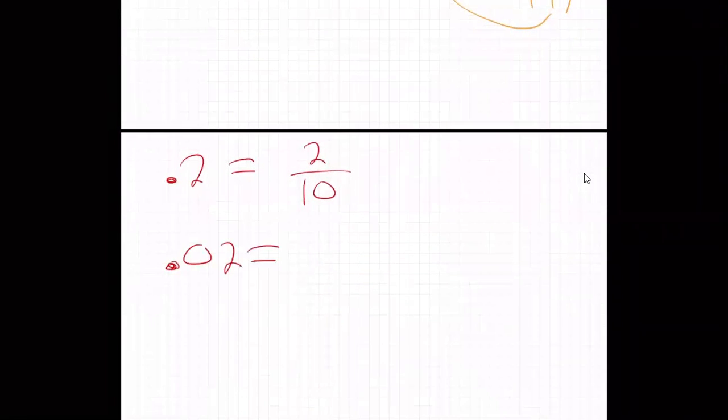What is 0.02? 2 over 100. Right. So we had to add another 0, didn't we?